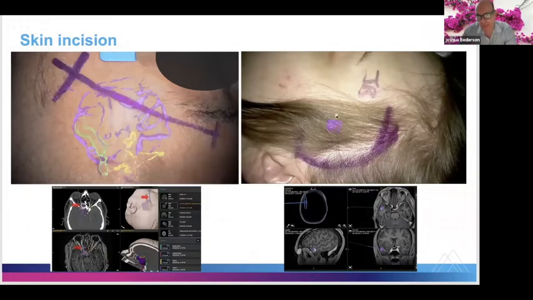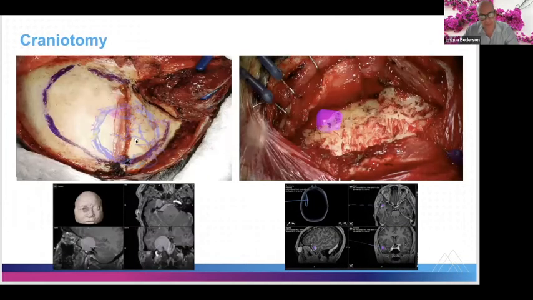So what you're seeing on this top right is a small cavernous angioma. This purple dot here is what is seen by the surgeon as he looks through the eyepieces of the microscope, helping us design a skin incision. Once the scalp incision is done, here you see on the top right, the same small cavernous malformation.